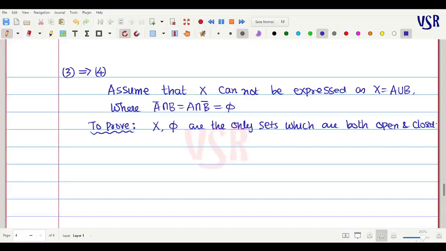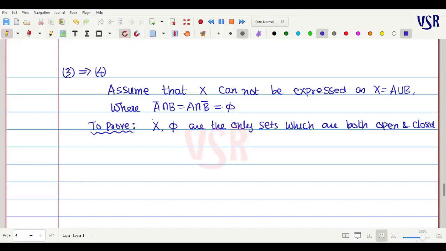That means only the empty set and the whole set are both open and closed; no other set has this property. So we assumed that X cannot be expressed as A union B where A closure intersection B equals A intersection B closure equals empty. We need to show that X and the empty set are the only sets which are both open and closed.